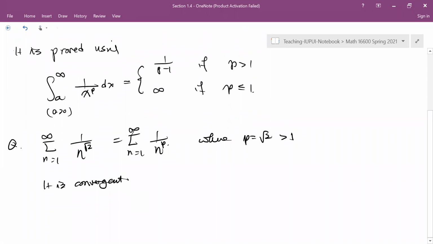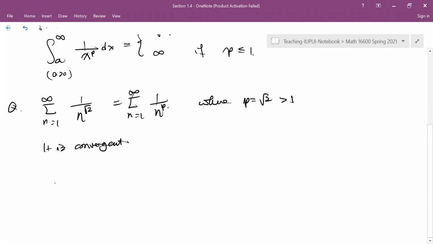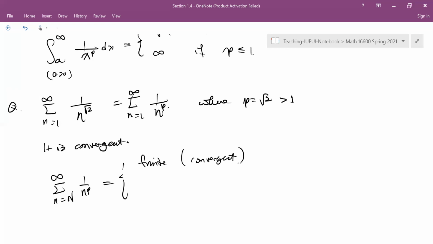Either it's finite, which means convergent, or it's infinity, so in this case divergent.